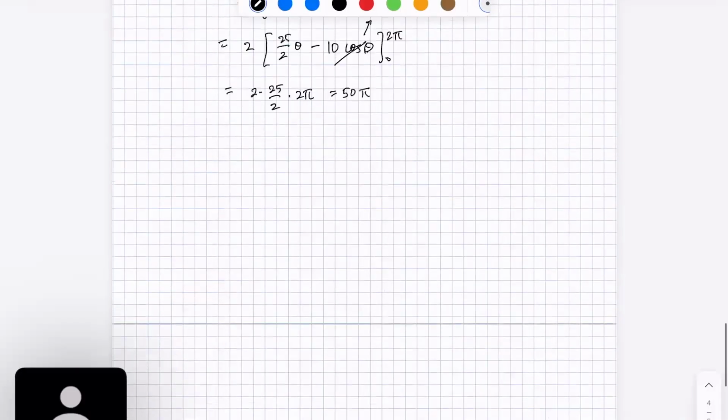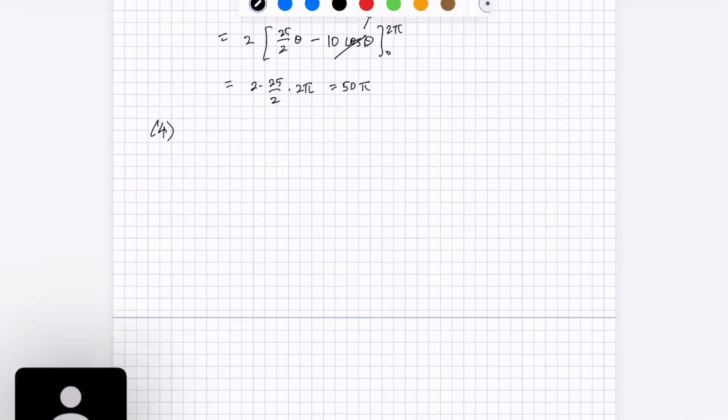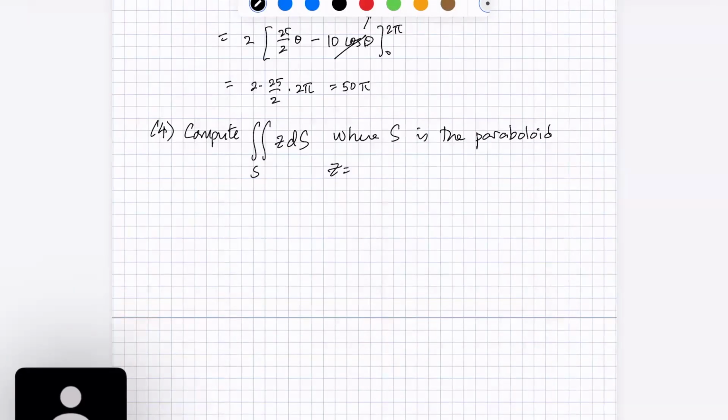Let's go on to a fourth example, and this is a paraboloid. So compute the double integral of z dS over S, where S is the paraboloid given by z equals x squared plus y squared, and z is less than or equal to 1.